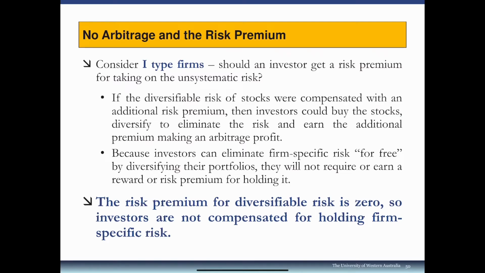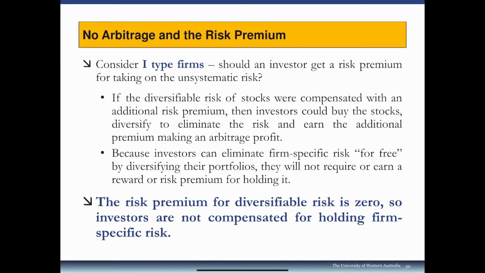And here's a very important conclusion: the risk premium for diversifiable risk is 0. So investors are not compensated for holding firm-specific risk. In other words, when I'm buying a stock and I observe the standard deviation is very high, very risky, I should only be rewarded for the component that is non-diversifiable, the systematic part of the risk.